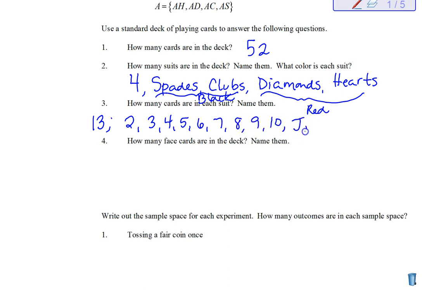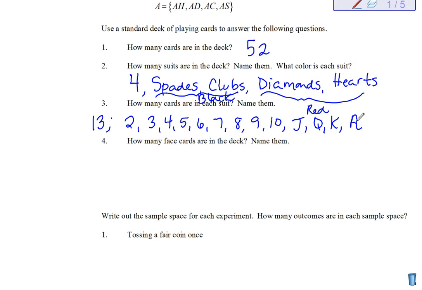Then we have a jack, a queen, a king, and an ace of each suit. So for example, we have a 2 of hearts, 3 of hearts, 4 of hearts, 5 of hearts, etc. We have a 2 of spades, 3 of spades, 4 of spades, 5 of spades, etc.